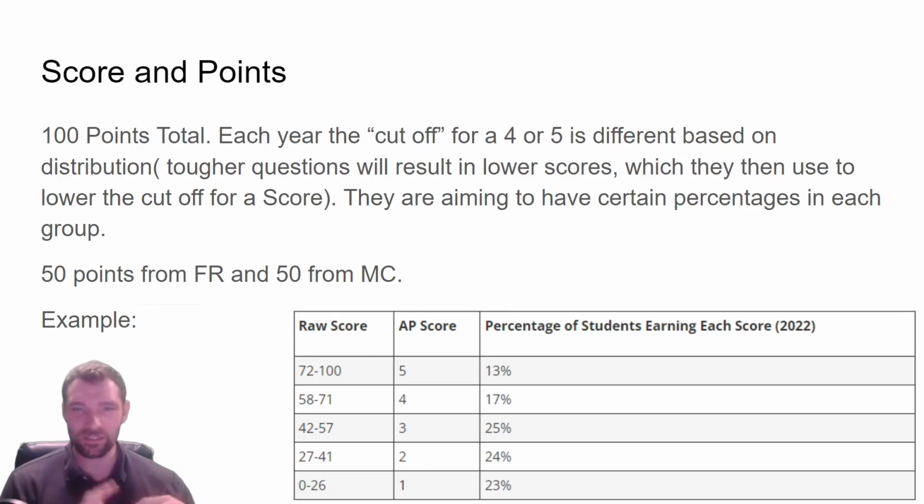So there's a little bit of averaging of points between those two sections, but you get half the points from free response and half from multiple choice, and it's been like that for over a decade. So generally, the more points, the better. That still applies, but it's a little bit complicated in how they exactly put the pieces together. But you can just think of it as 50 points from here and 50 from there, and that helps you with the big picture.